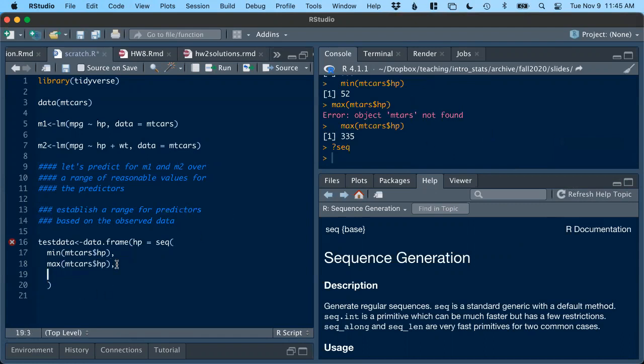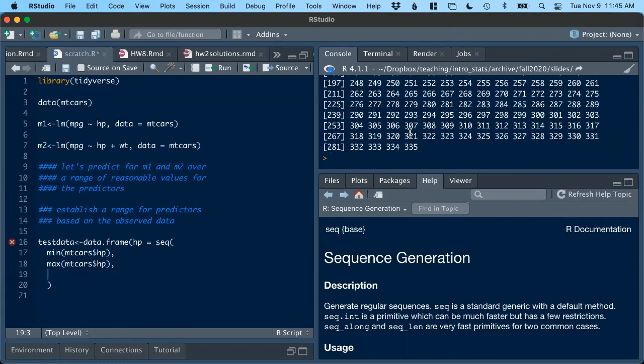Now, the difference between sequence and just doing 52 to 335 with a colon is that it's going to step by 1. It's going to go from 52 to 335 with an interval of 1, right?